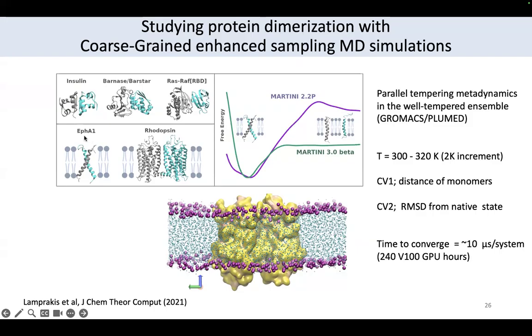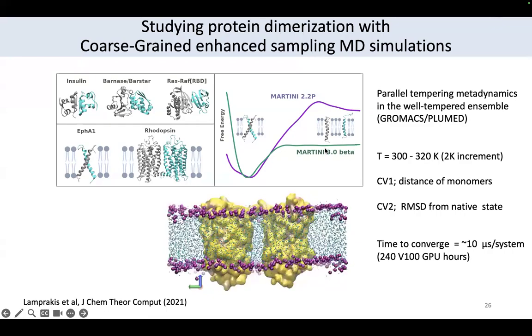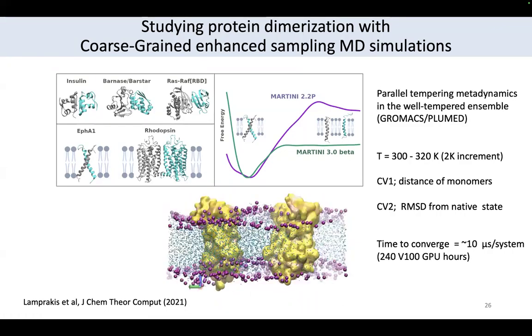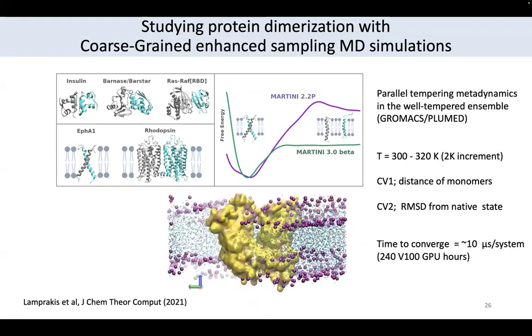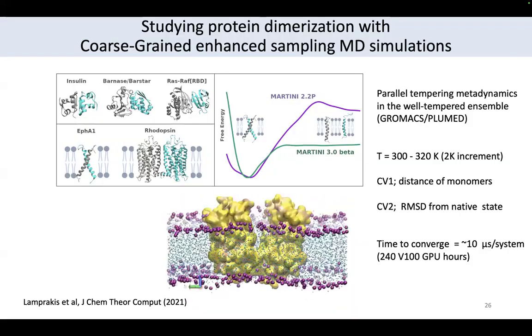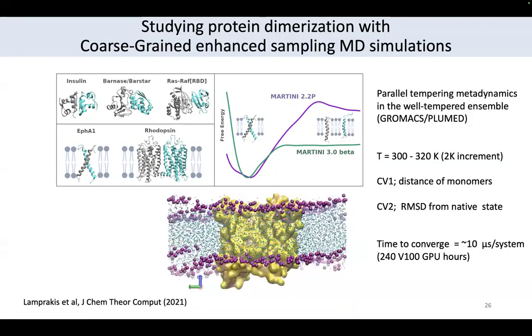The FA1 is dimerizing in the membrane, and the rhodopsin is dimerizing in the membrane. And here you can see an example of 2 rhodopsin proteins in the lipid bilayer that are dimerizing. So basically you see a lot of transitions between the protein that is in the membrane and the protein that is in the dimer.